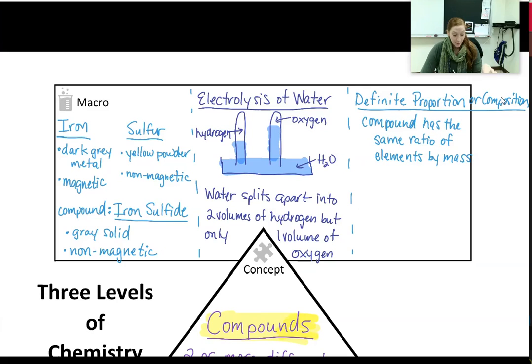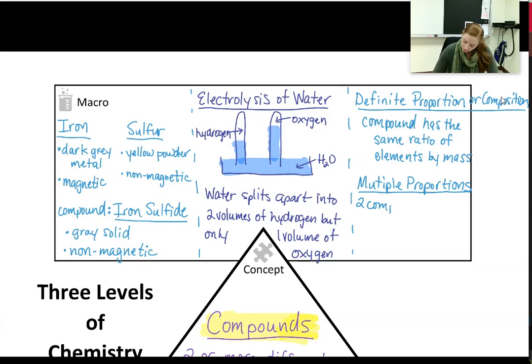Okay? Now, multiple proportions on the other hand, which is our second and final thing that we're going to add here, I'm going to try to fit it in here. It is related, but also is different. Okay? So we are going to say that we have two compounds made from the same elements.